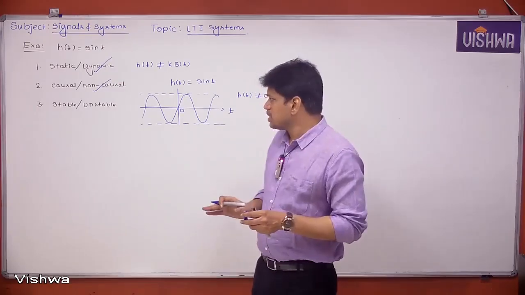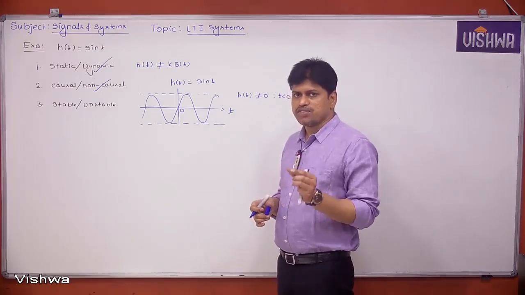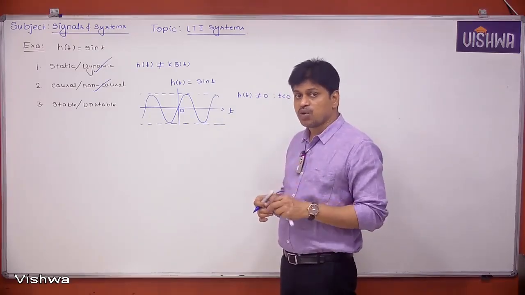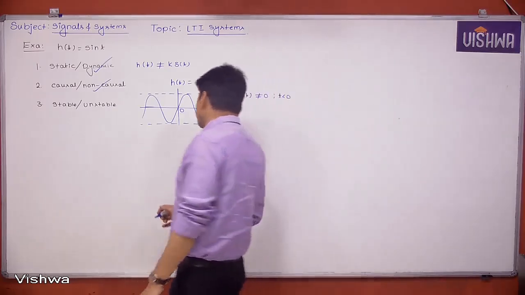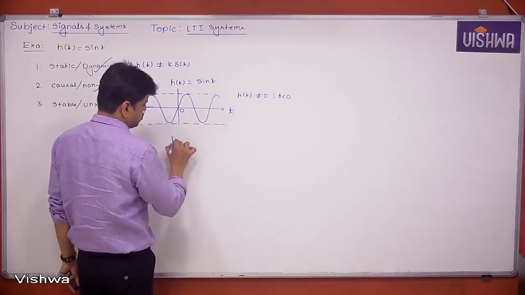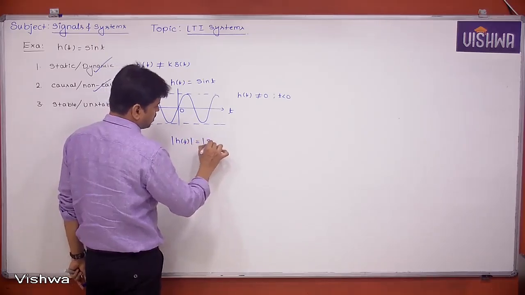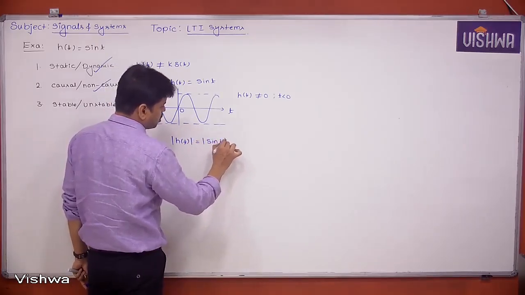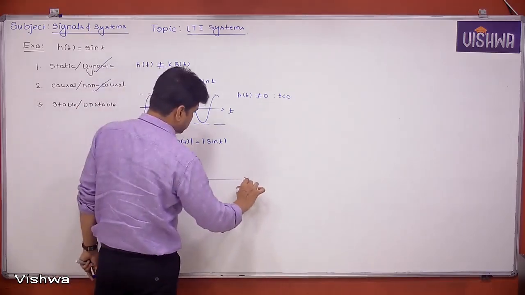Why? First of all, it is not about h of t. I told you, to say whether the system is stable or not, we have to consider mod h of t, not h of t. So if I consider mod h of t, that is mod sin t. What do you mean by mod sin t? That means even if you are having the negative, we have to take it as positive.